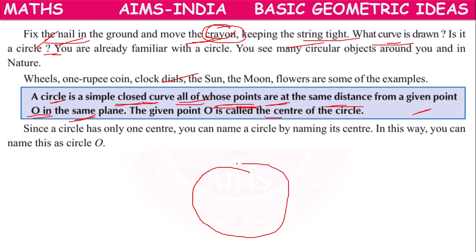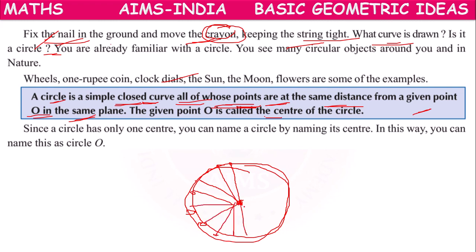So, if you have a circle here, this is the middle point, the fixed point. Because on the circle we can have an infinite number of points. From the middle point you can join any point. All the points will be at the same distance on the circle.